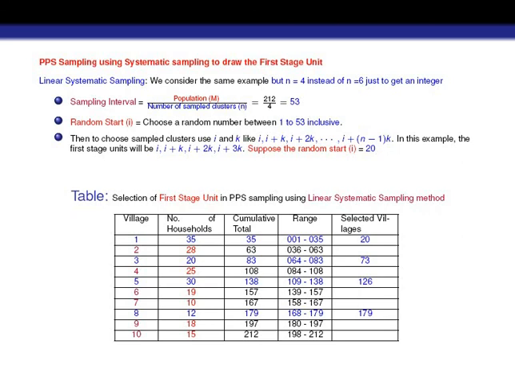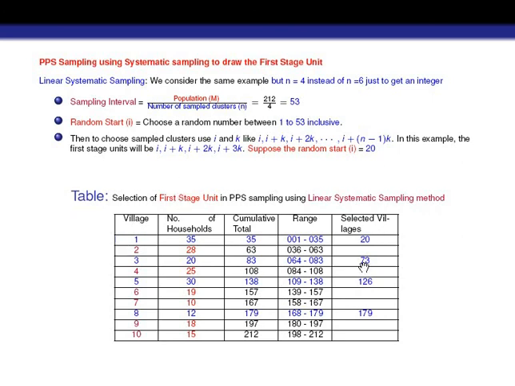Suppose for example we get the random number 20. Now we see which range the random number 20 lies in. From this you can see that 20 lies in the range 1 to 35, so obviously cluster 1 is selected for our first stage unit.